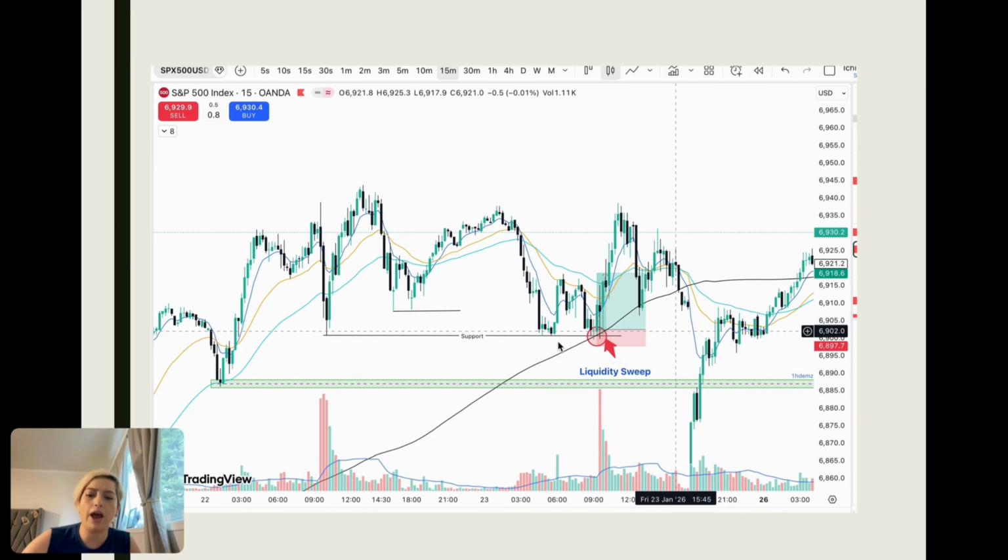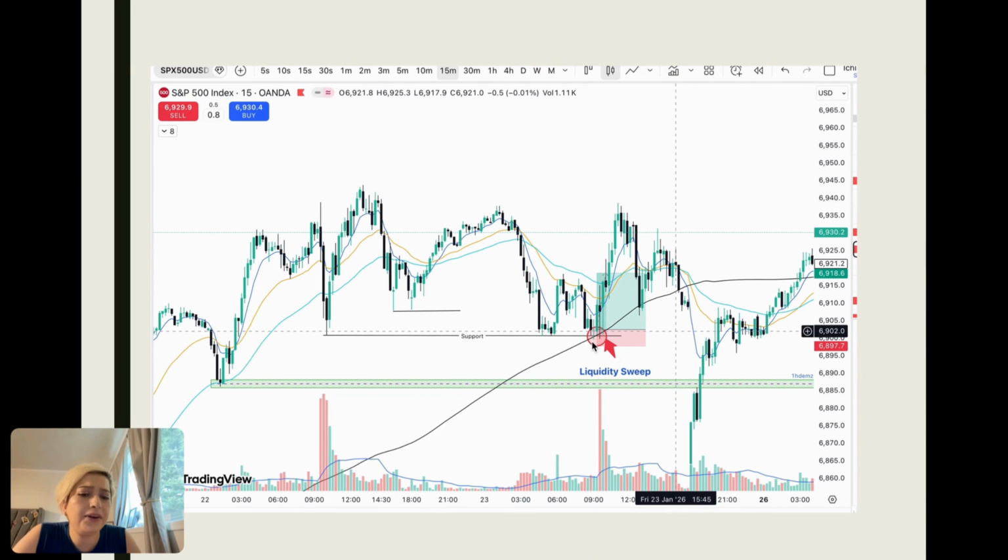The more times price touches these levels, the more traders notice it and the more liquidity builds below it. Once price breaks below support, as you can see here, and also touches our 200 moving average and quickly closes back above it, that's a liquidity sweep.